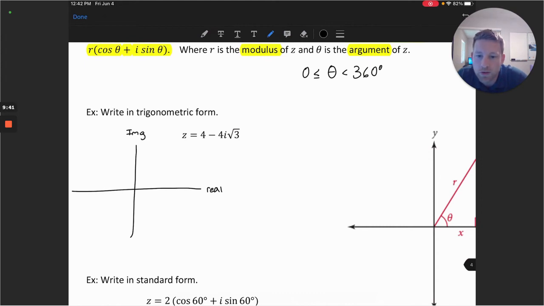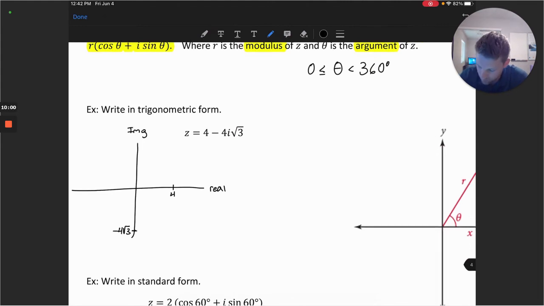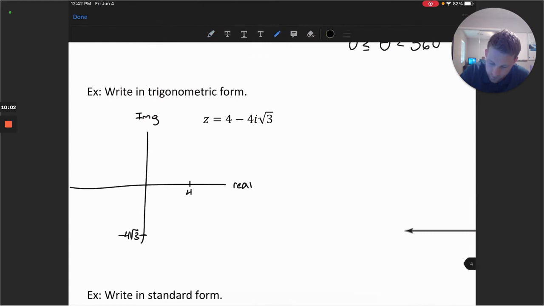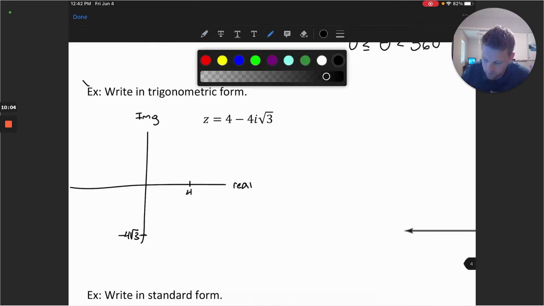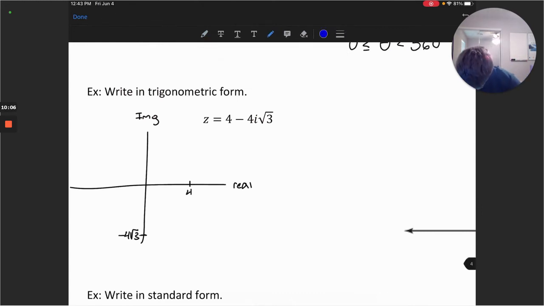And so we are going to go 4 in my real axis, and negative 4 square roots of 3 in my vertical axis. So our vector here is formed at this point from the origin.